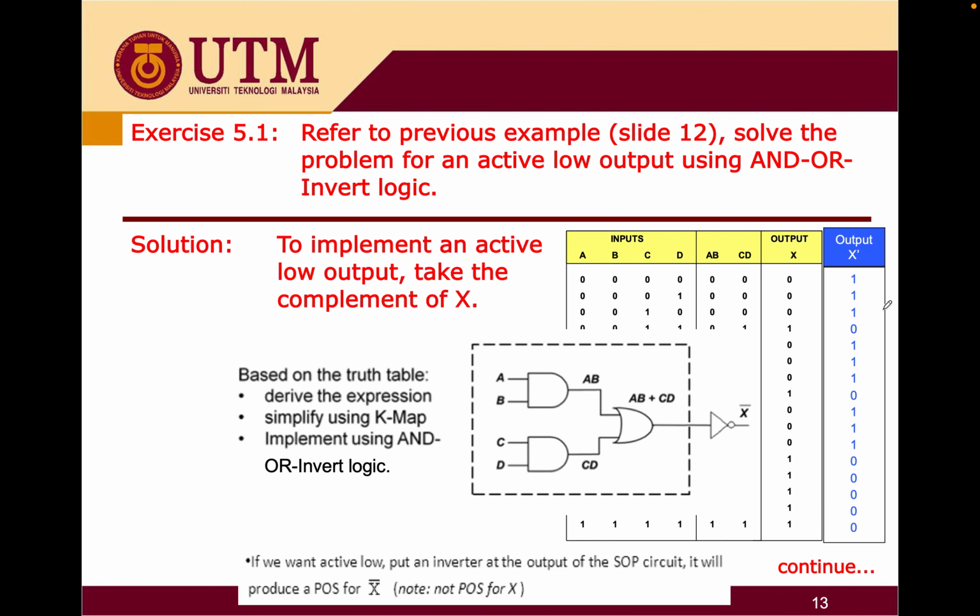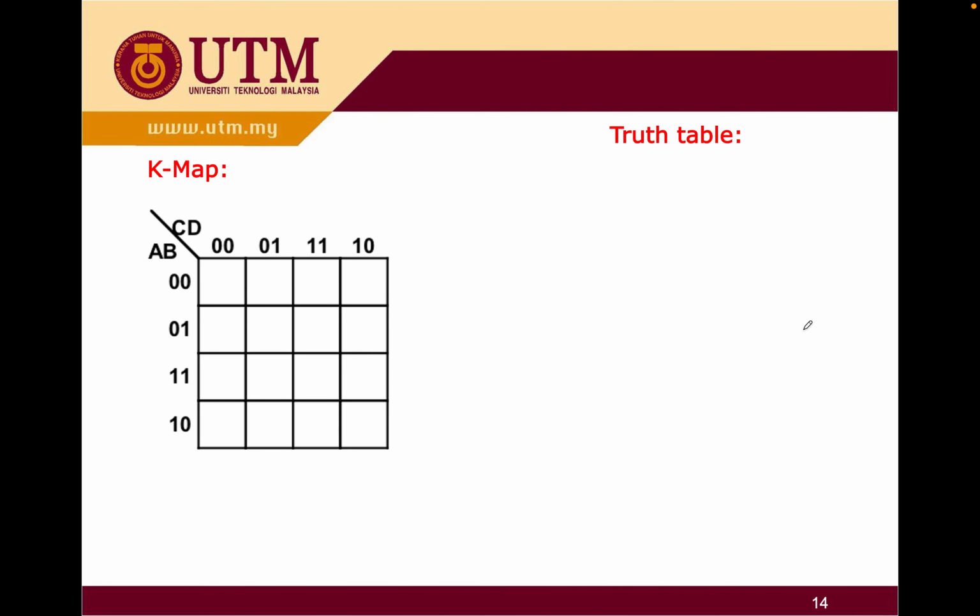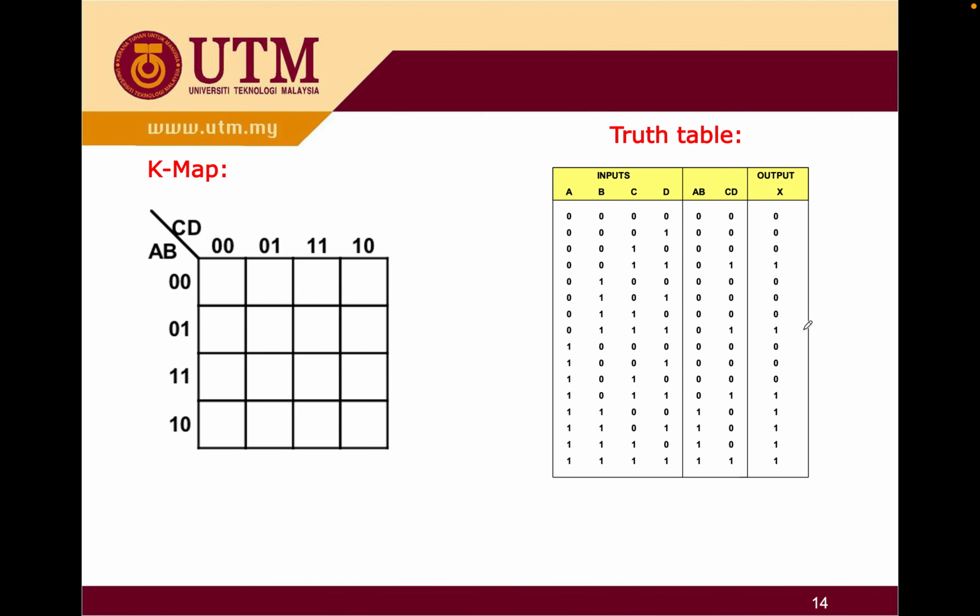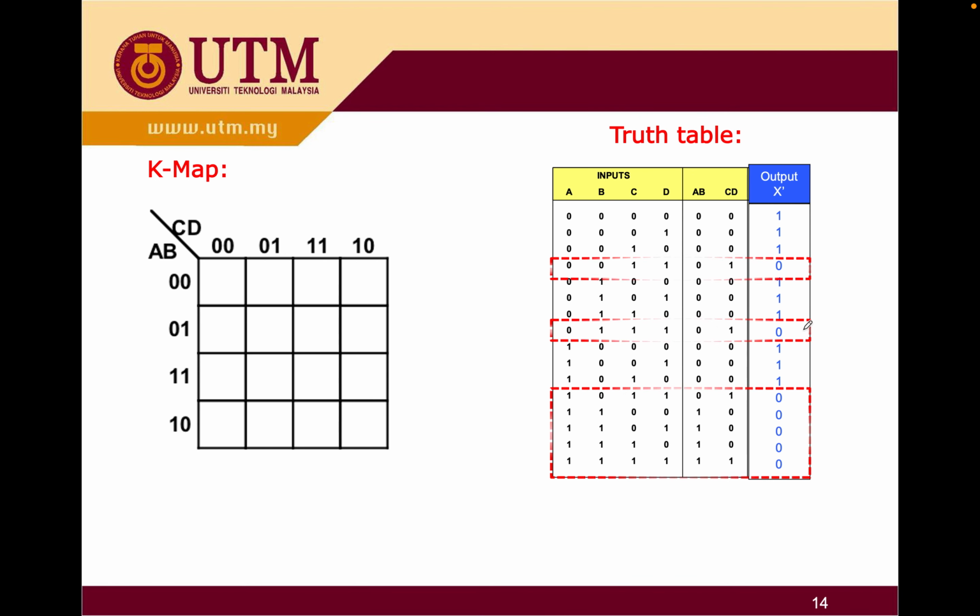Okay, this is the K-map. You can map from all of these. You can map first from the truth table given. So you can see you are looking at the X bar. That's why you're going to map it using your output of 0.